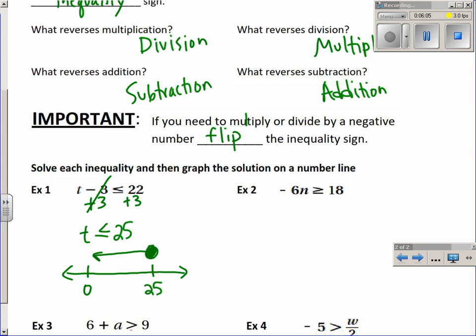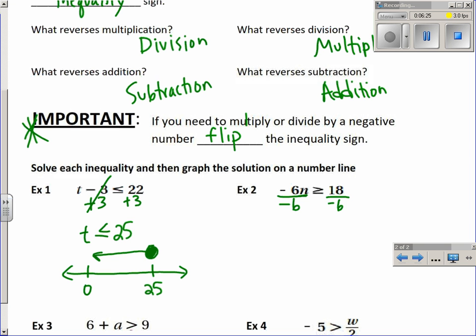All right, example 2. So n, we need to get n by itself. Right now it's being multiplied by negative 6. So the opposite of multiplication is division. So we're going to divide each side by negative 6. Here is where that important part comes into play.